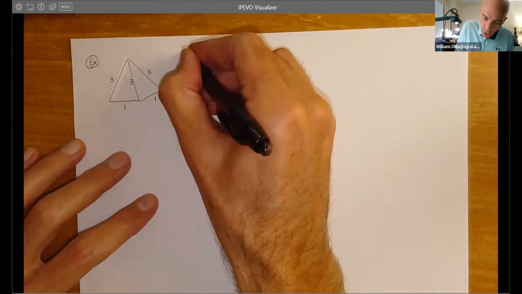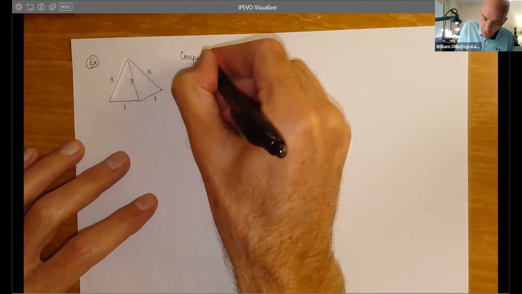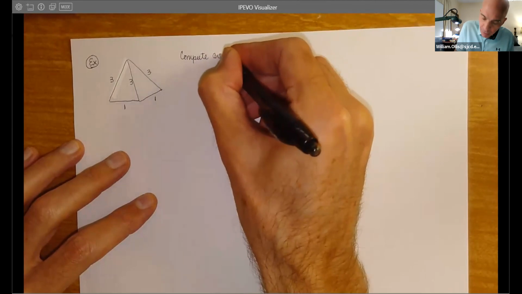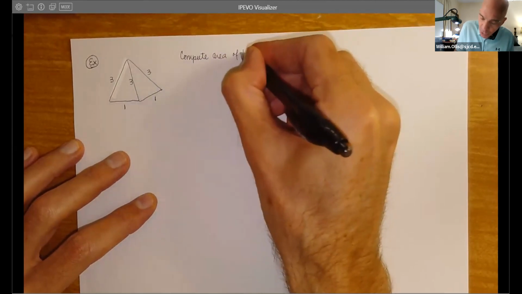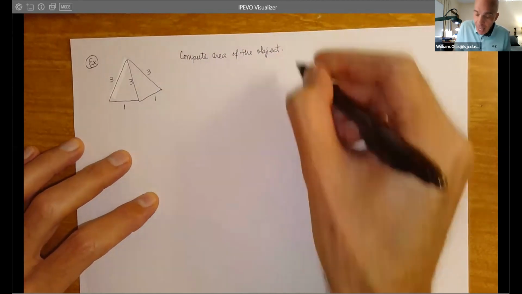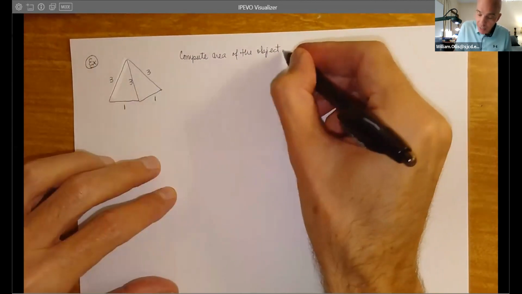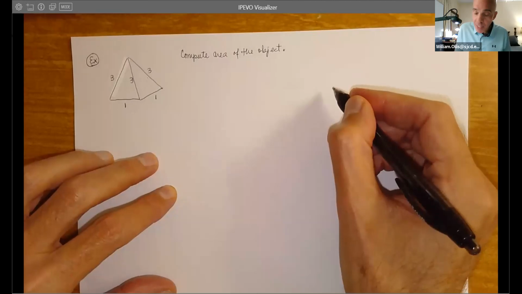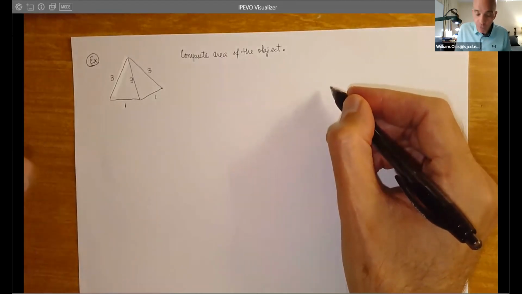So what we want to do is compute the area of the object. And when I say compute the area, ladies and gentlemen, I mean the area that's enclosed here by the two triangles. So for instance, all we need is the area of one triangle.